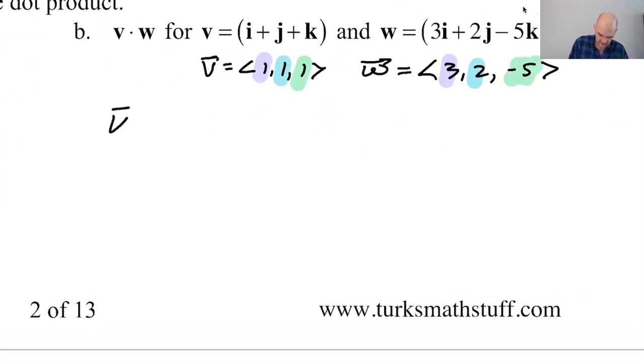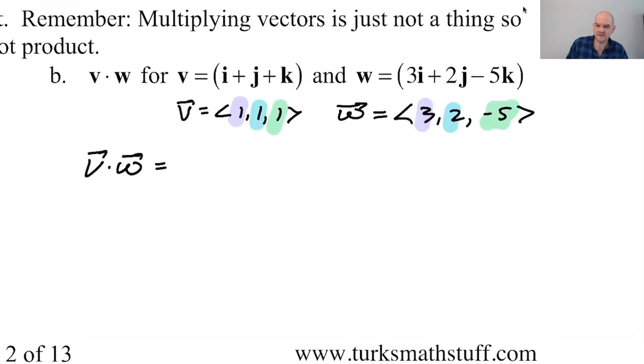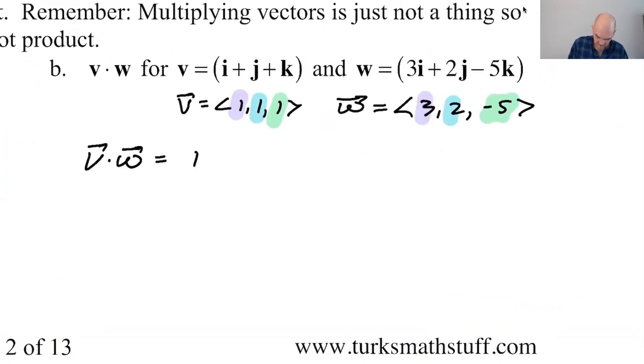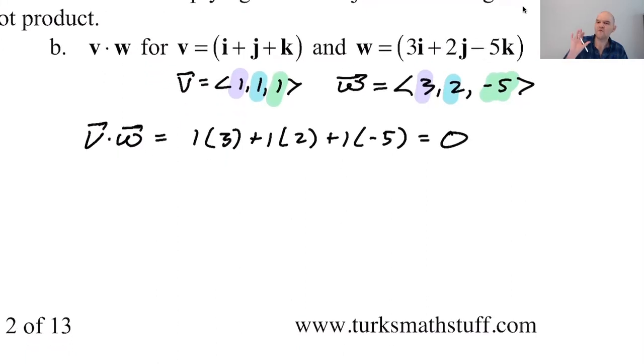So v dot w, u, v, w are the most common names for vectors. 1 times 3 plus 1 times 2 plus 1 times -5. We add these up, we get 0. Very interesting result. In my opinion, that's the most interesting dot product you can get.